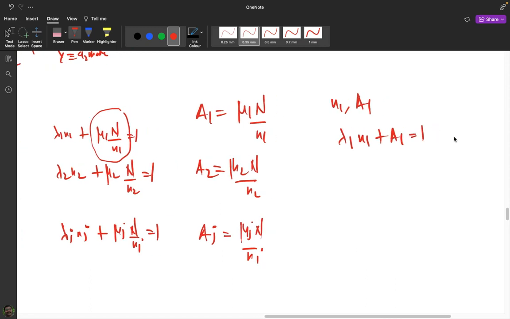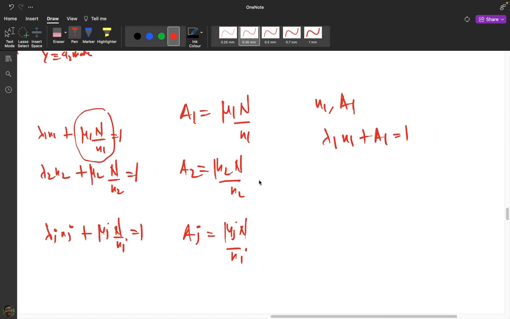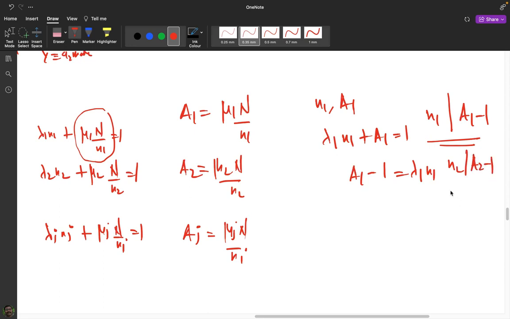Or I can write this as a1 minus 1 is equal to minus lambda 1 n1, so n1 divides a1 minus 1. Similarly, n2 divides a2 minus 1, and on a similar note, n3 divides a3 minus 1.